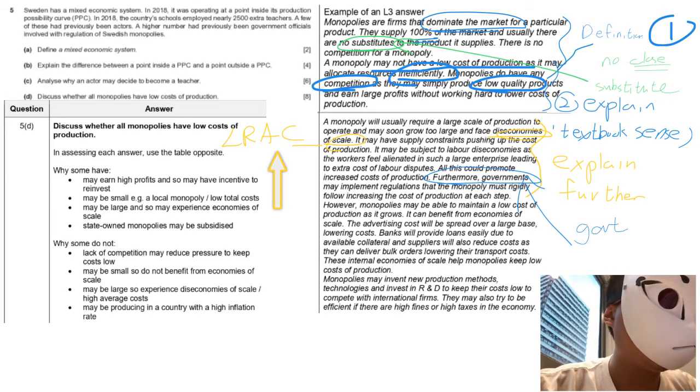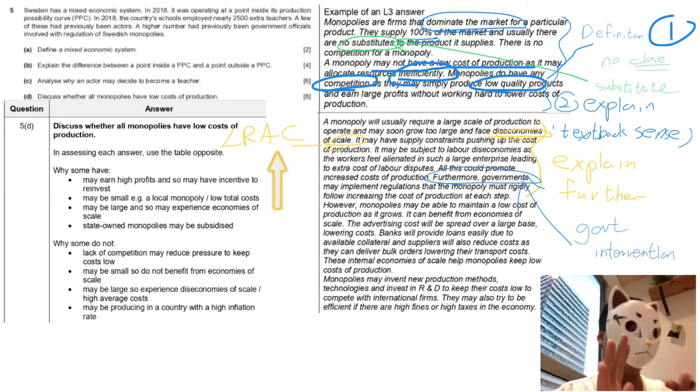Say for example, and you can refer to your textbook, government intervention. In the basic world, the monopolies may enjoy a low cost of production without government intervention, but in the real world setting the government usually would interfere, like Microsoft.